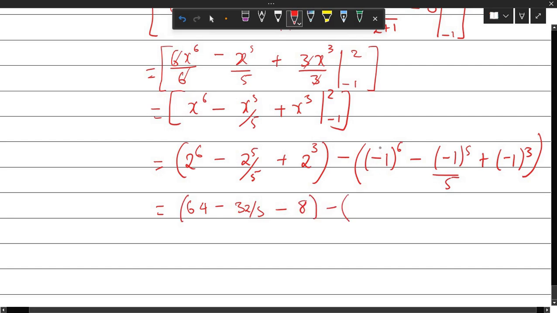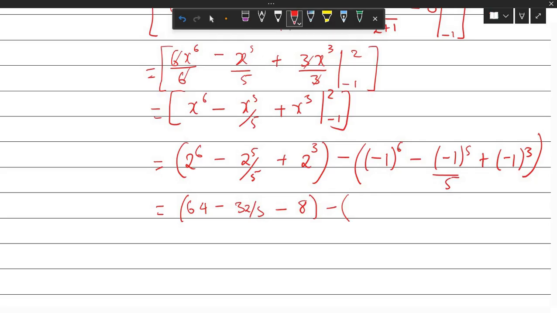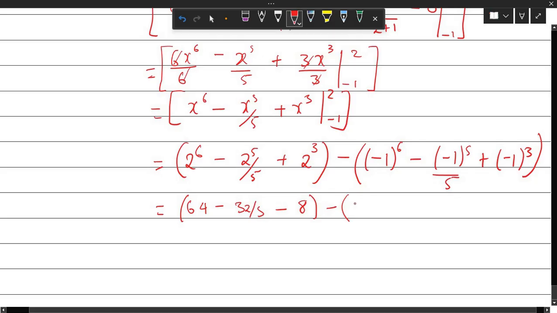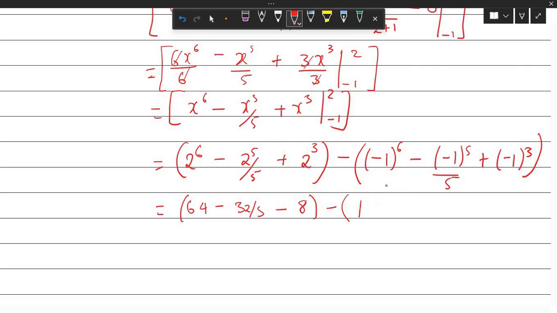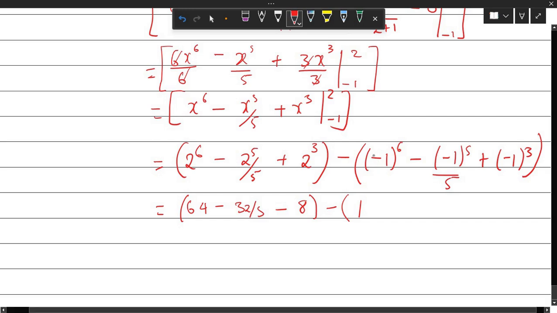If you have -1 and the power is an even number, you know that your answer is going to be +1, because you are squaring a negative number. Even numbers are multiples of 2: 0, 2, 4, 6, 8, those are even numbers. So if your power is even and you are raising the negative number, your answer will be positive.